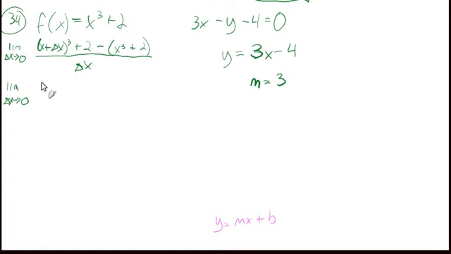So we're going to cube this out: x cubed plus 3x squared delta x plus 3x delta x squared minus x cubed minus 2 all over delta x.